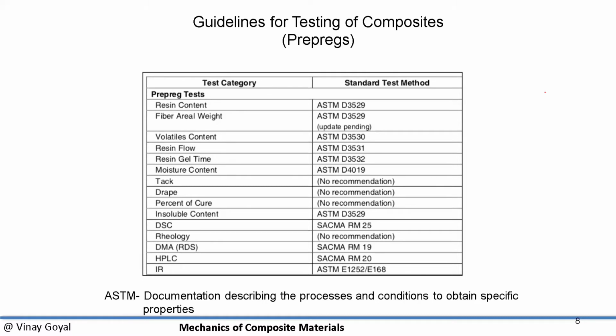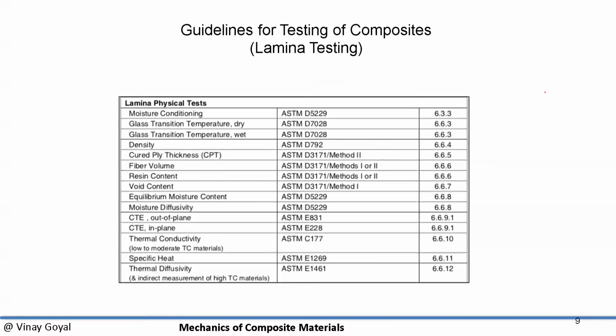You want to look at moisture content, ASTM D4019, tack, drape, percent cure, how tacky that resin is, insoluble content, DSC, we talked about that, rheology, DMA, HPLC, and IR. So these are standards you can download and take a look.